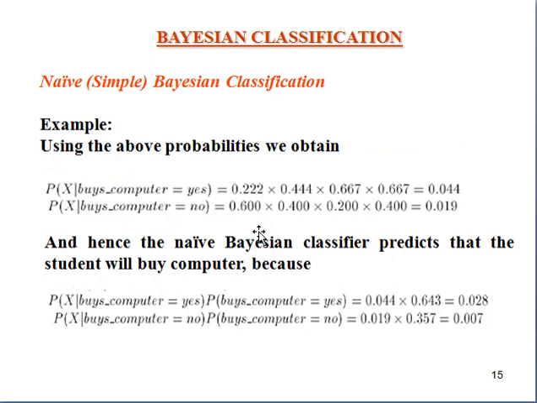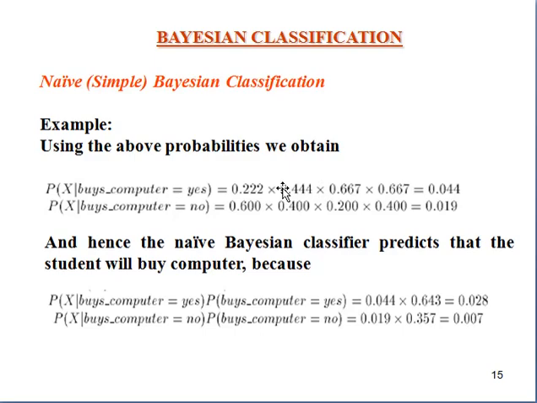So now once we have the prior probabilities and the conditional probabilities calculated, by using these we can obtain the total probability of the unknown sample x, given that he will buy the computer is equal to yes, which comes out to be 0.044 if you multiply all those which you have obtained in the previous slide.